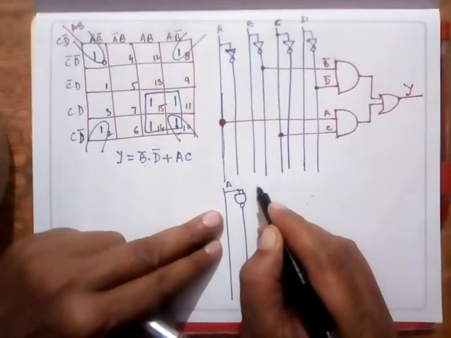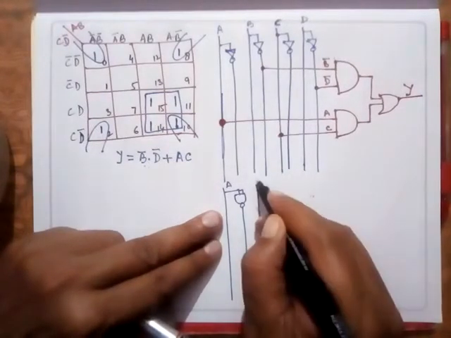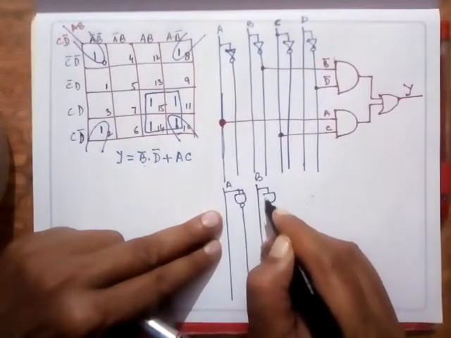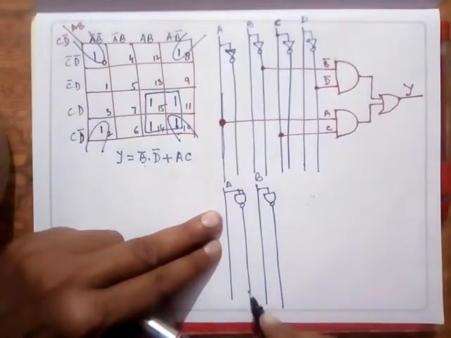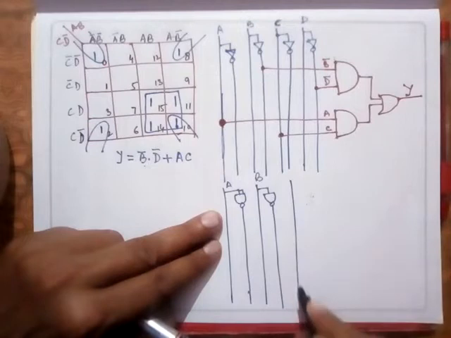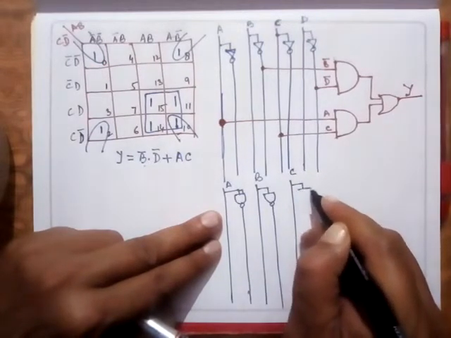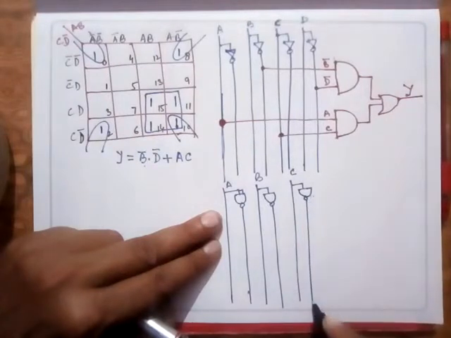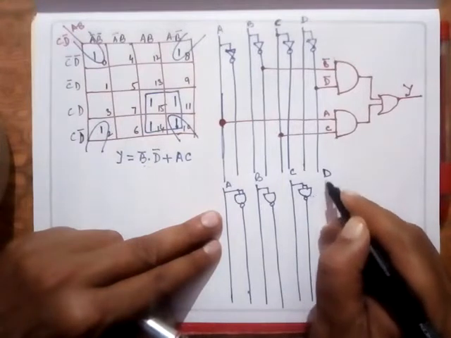Again, B. This input B. And I'll use a NAND gate in order to make a NOT gate. Then I'll take C. Say this is input C. Again I take a NAND gate acting as a NOT gate, and further I take input D.